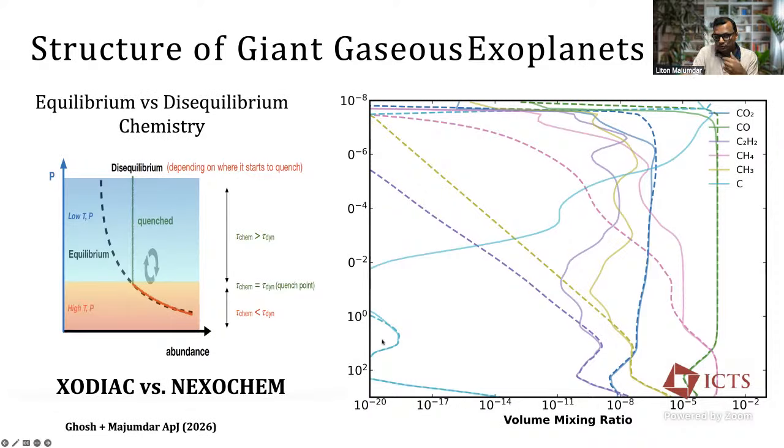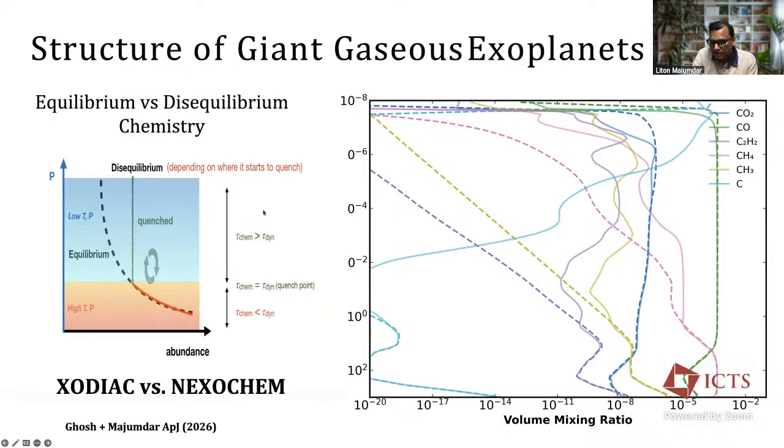So close to the surface, chemistry is running very fast, so the chemical timescale is much smaller, and the dynamical timescale is much higher. Then you have a region where your chemical timescale and dynamical timescale are equal. So essentially, we define this as the quenching point. Then there is a region where your chemistry becomes slower, and the dynamical timescale wins.